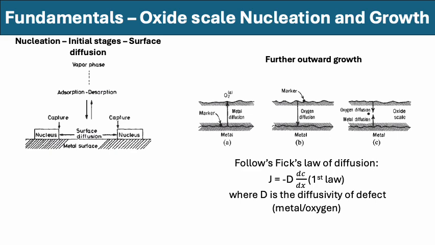One is oxide nucleation, and the second is oxide growth. We had mentioned the emergence condition diagram, where we were able to see, at a given oxygen partial pressure, what oxides have a driving force for forming on the surface.